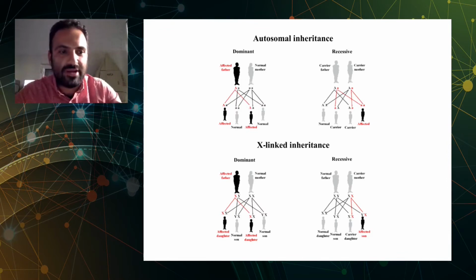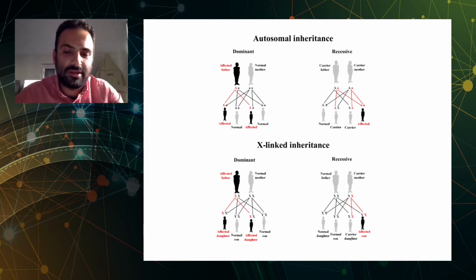So if a boy inherits a mutation on the X chromosome from his mother, that means he will have the disease because he has no other X chromosome to compensate for the mutation.